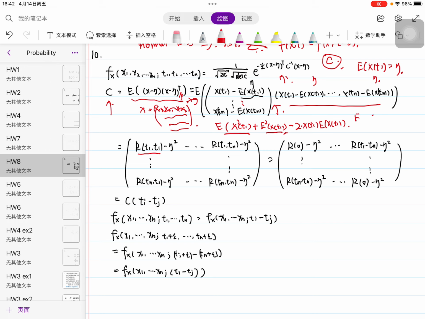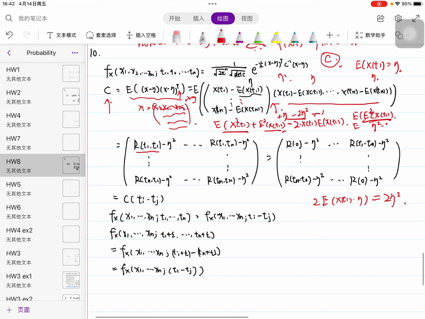And the second term, the mean value squared, is eta squared. So the mean value of eta squared is still eta squared, so that is plus eta squared, and minus 2 times the mean value of xt1 times eta, that equals 2 eta squared, right? So minus 2 eta squared plus eta squared equals minus eta squared.